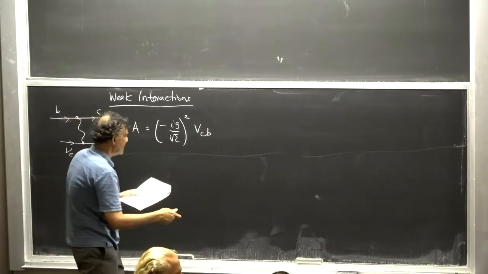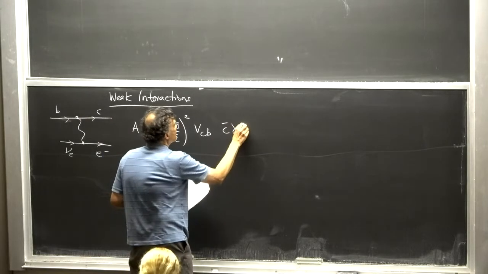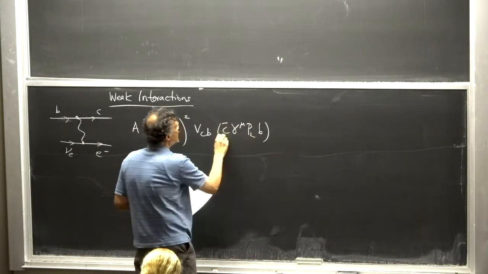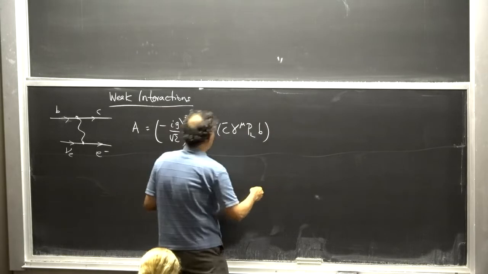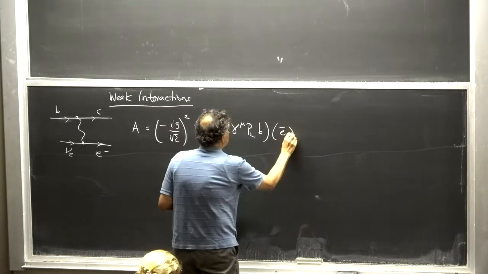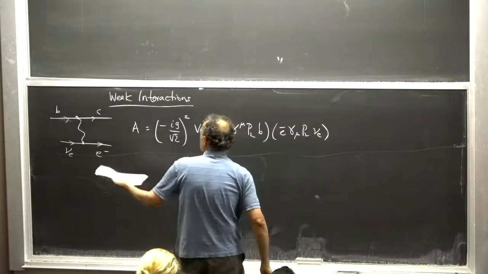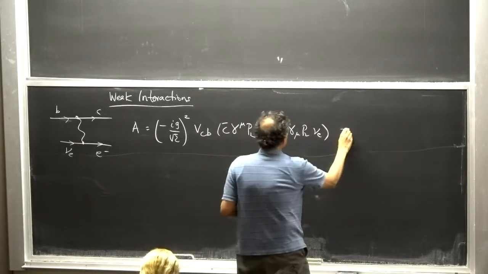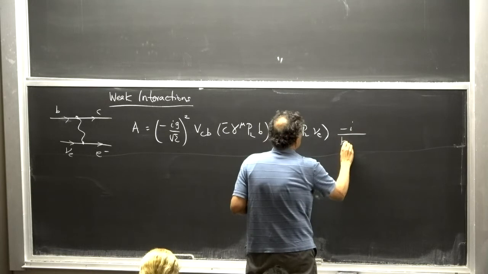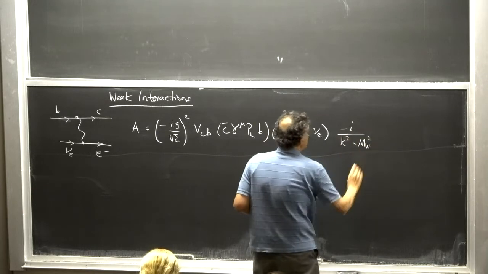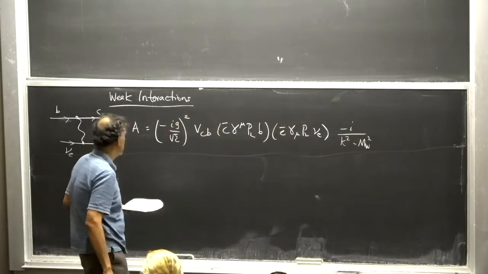I'm going to write fields down, but they represent the spinors, u of the momentum, et cetera. And then you get the W propagator, which is minus i over k squared minus m_W squared.